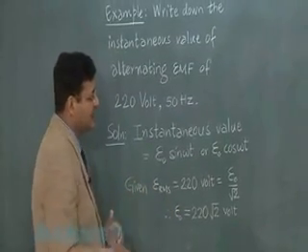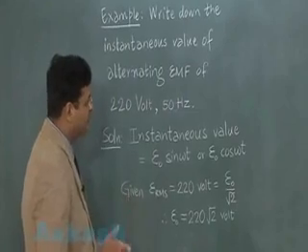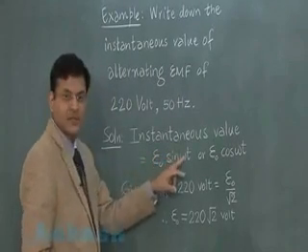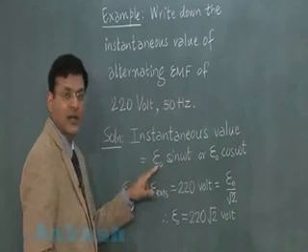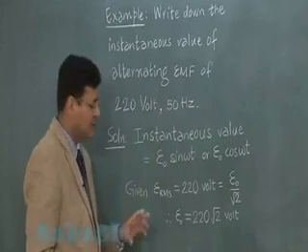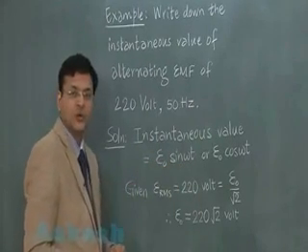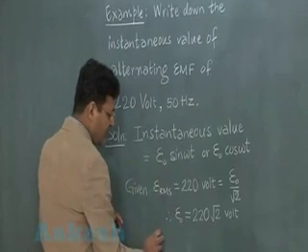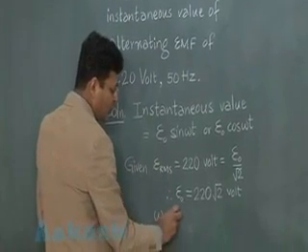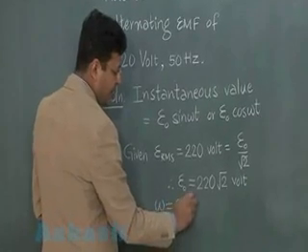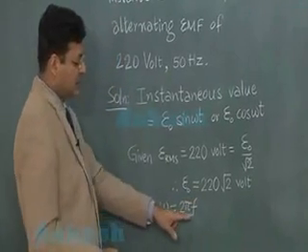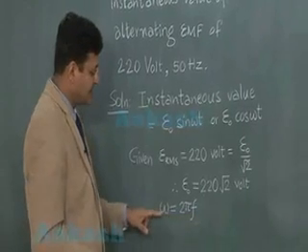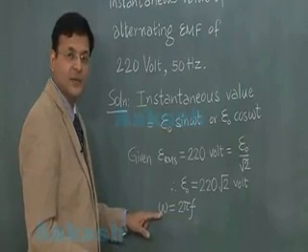Now the next part of the question demands that what is the value of omega, because if you want to express your answer in these terms, then you should know the value of E naught and you should know the value of omega. The value of E naught is 220 root 2, you have already obtained, and omega, if you want to calculate, this is equal to 2 pi into frequency. This frequency f will have the unit hertz, and omega will have the unit radian per second.